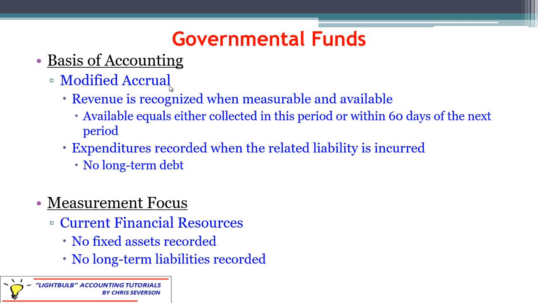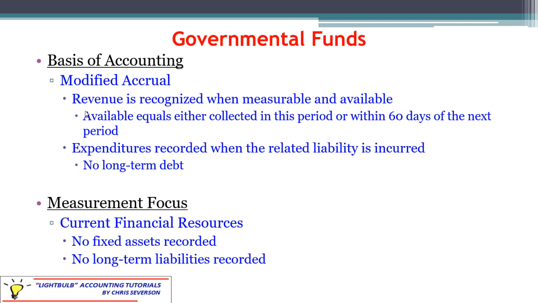Now, what I will mention is the other two types use full accrual, so it's similar to what we would look at from our financial accounting background, but the governmental funds use modified accrual. So this means a couple of things. First of all, revenue is recognized not necessarily when it's earned.